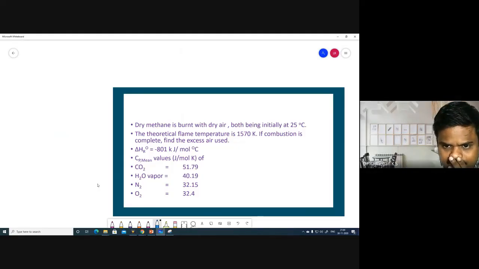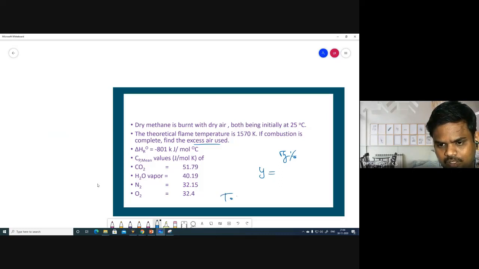So here excess air, I have always defined for you how to use that one. Let z percentage be the excess air, then y, that is the multiplying factor, is defined as follows.